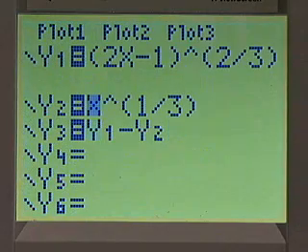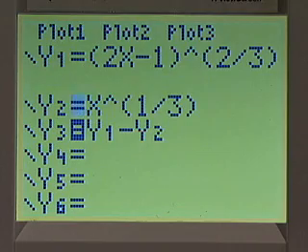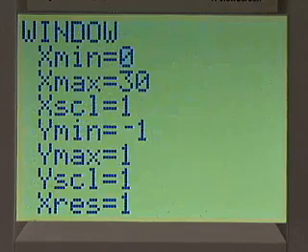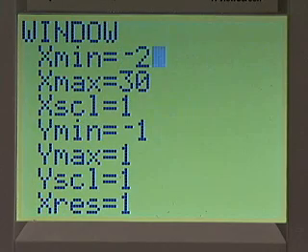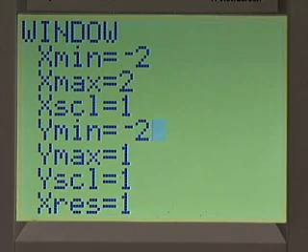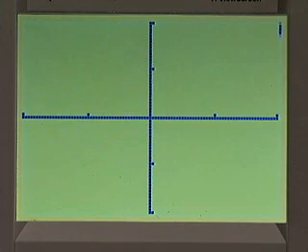Now, I'm going to turn off the graphs of y sub 1 and y sub 2 so that when we look at this graph in a window of negative 2 to 2 by negative 2 to 2, we end up being able to evaluate what will give us the zeros of this function.